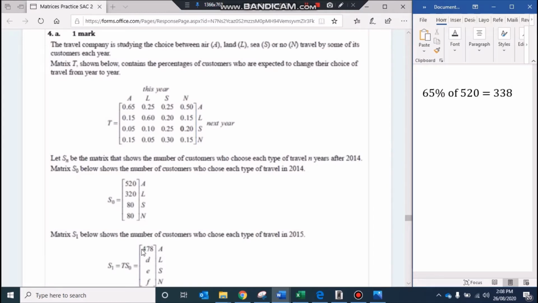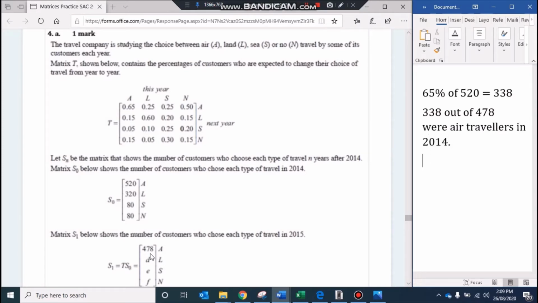So 338 of those 478 people did choose air travel in the previous year. So 338 out of the 478 were air travelers in 2014.